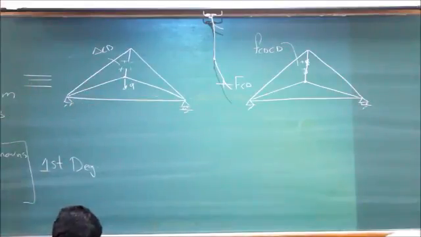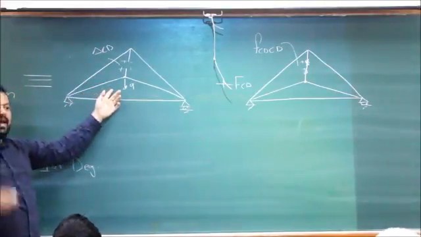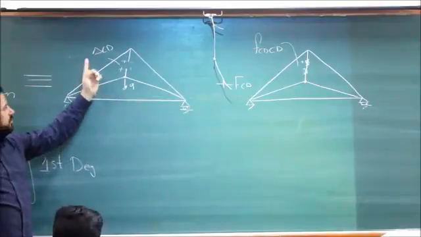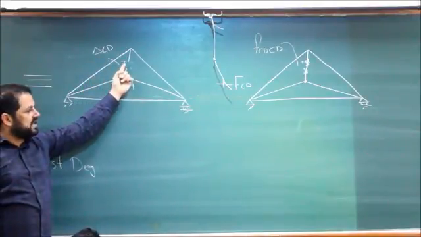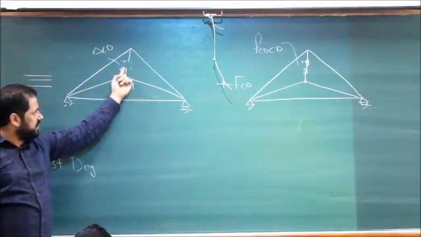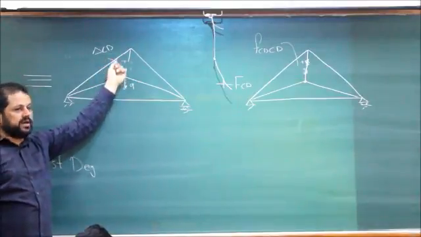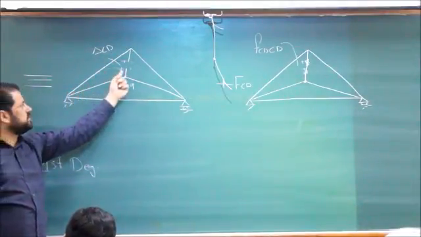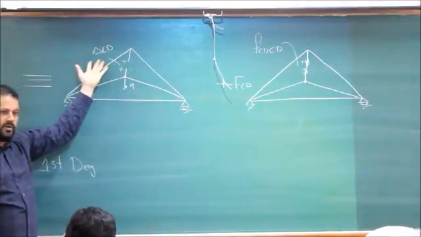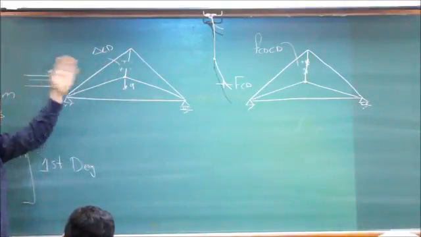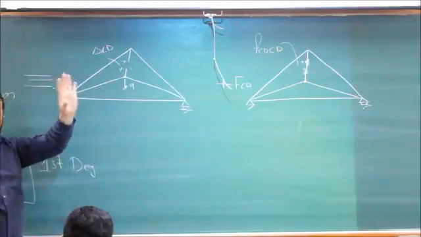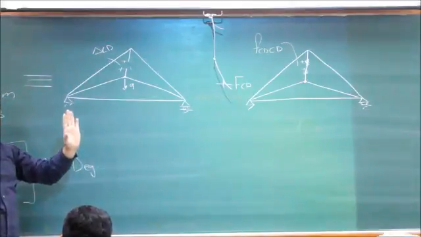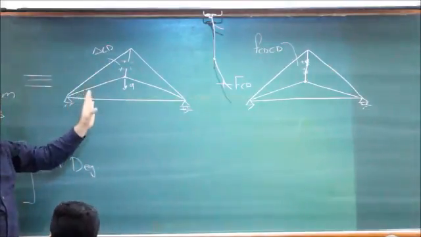You find the force in each member due to the loading, capital N. Then you go to the location where you want delta to be calculated, here. You put a unit load there. Then you calculate the force in each member due to this unit load, small n. Then delta will be capital N and small n, L over EA, for each member. It's the sum.